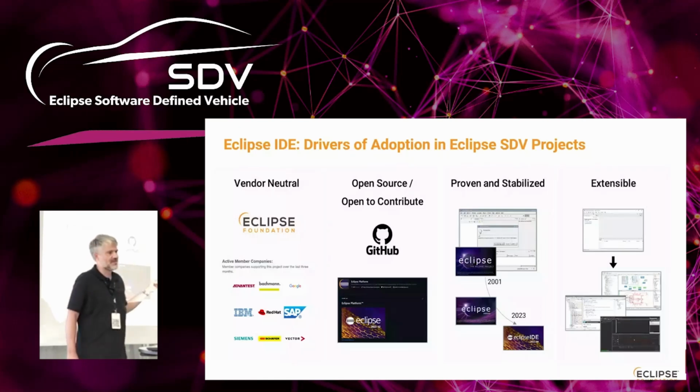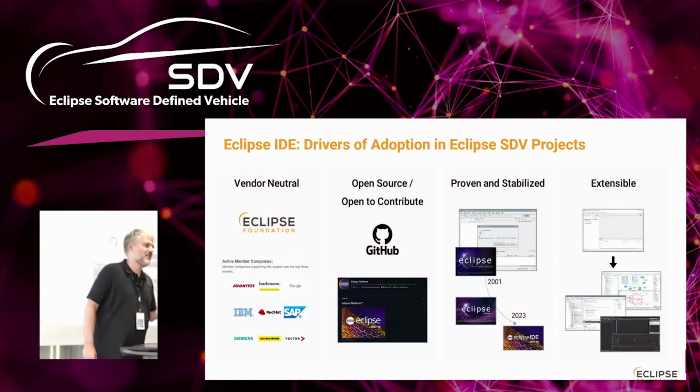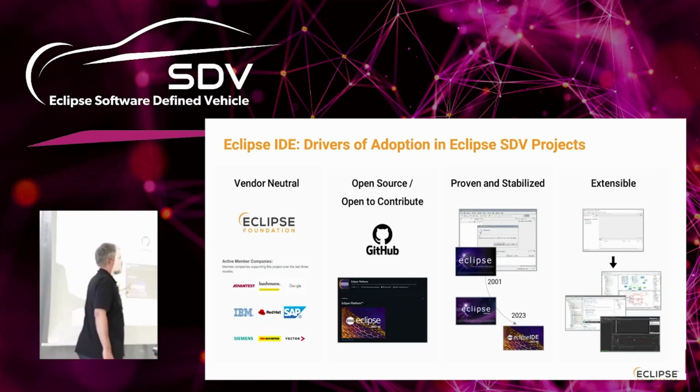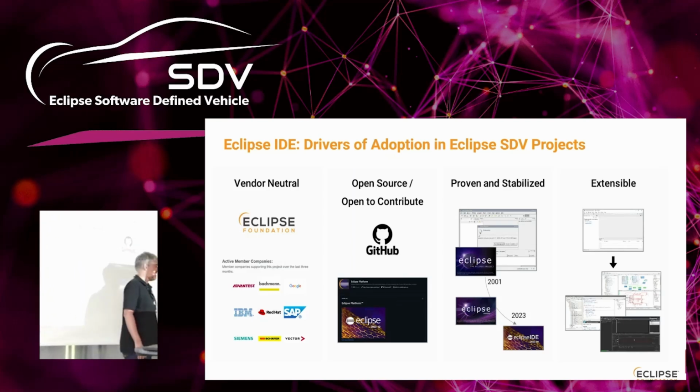What I want to point out is, if you start building and thinking about new projects and new tools, what can be the drivers? The Eclipse Foundation, of course, is vendor neutral. It's open source, open to contribute. Nobody will hinder you from doing anything. It's proven and stabilized. I think for automotive grade software, tooling should be required for 15 years or so.